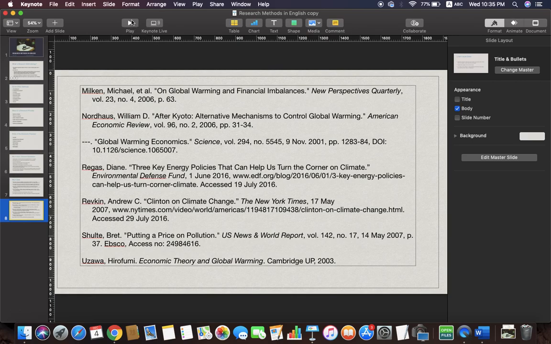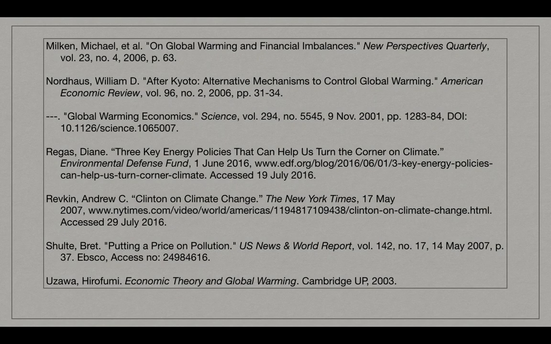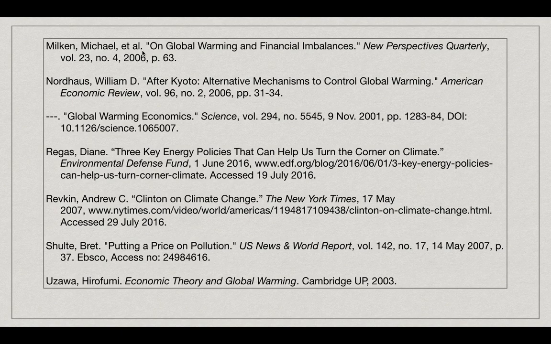Now look at the next one. If there are more than two authors, all should be given. Then if the name of the author is repeated, then three dashes should be given. Then these are all web sources.